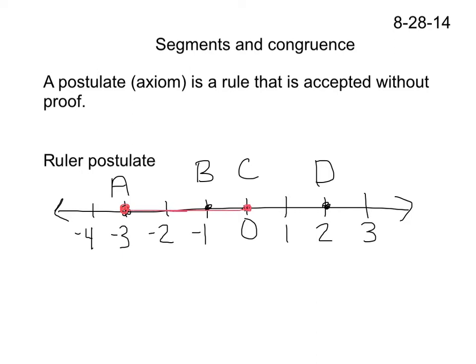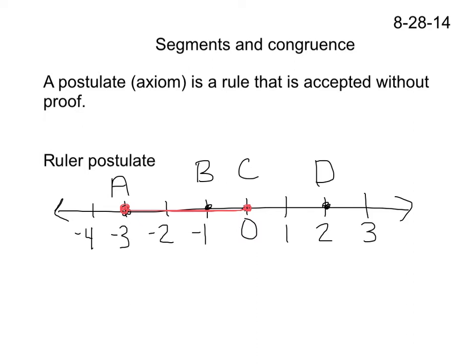AC right here. Okay, this is the segment that we want to look at first. We can count the actual spaces in between them. That's one way to get the length of AC. Or we can use a formula if we need to. So let's go ahead and just look at counting the spaces.